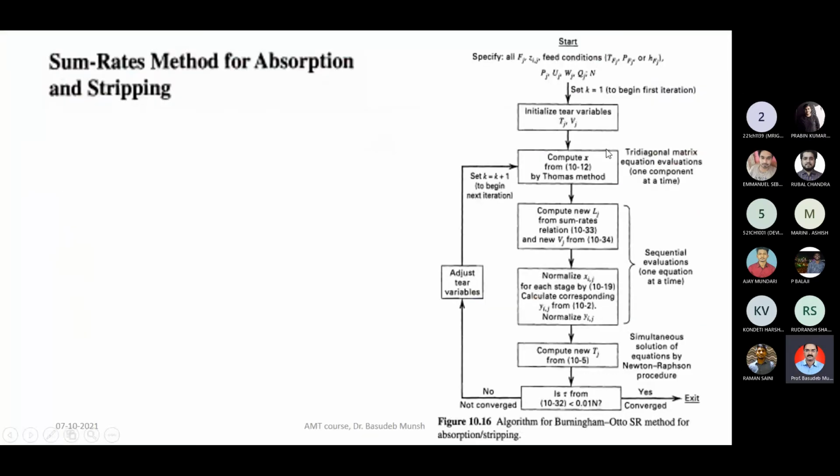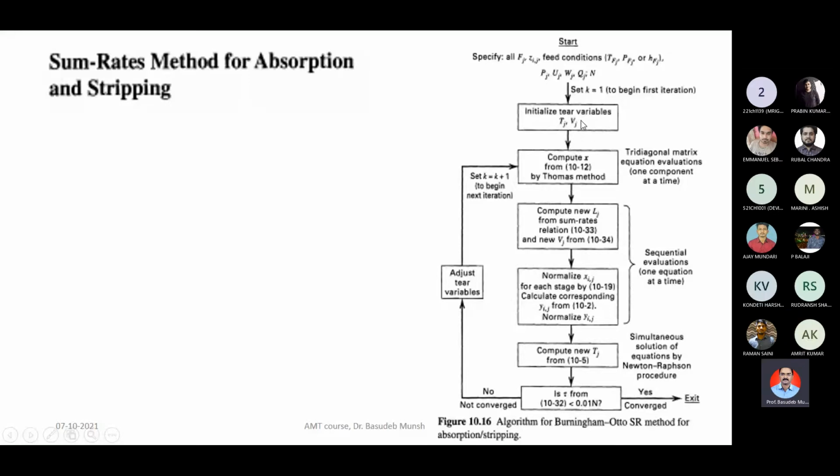So Fj, Zij, Tfj, Qj, Pj, Uj, Wj, Qj, N, those are specified. Then you also have to guess the value of V1 here.